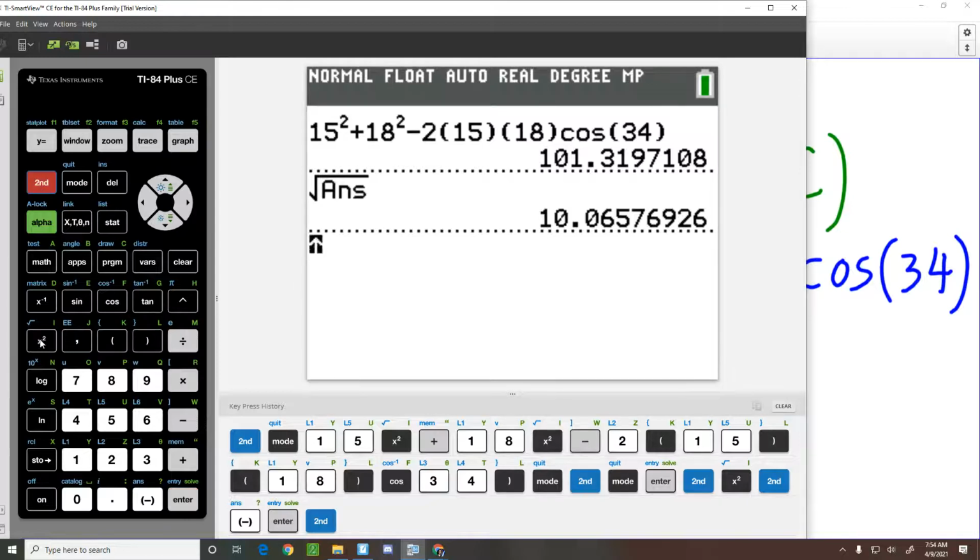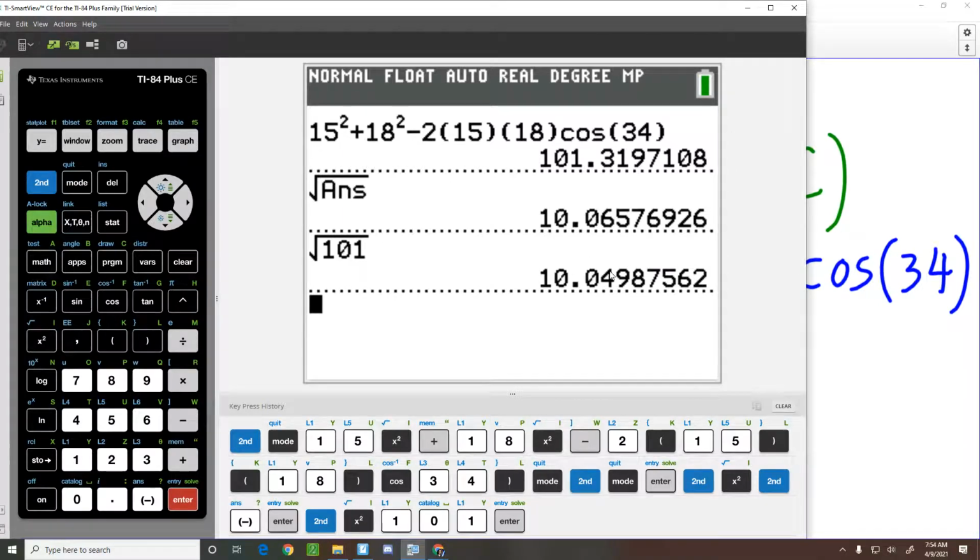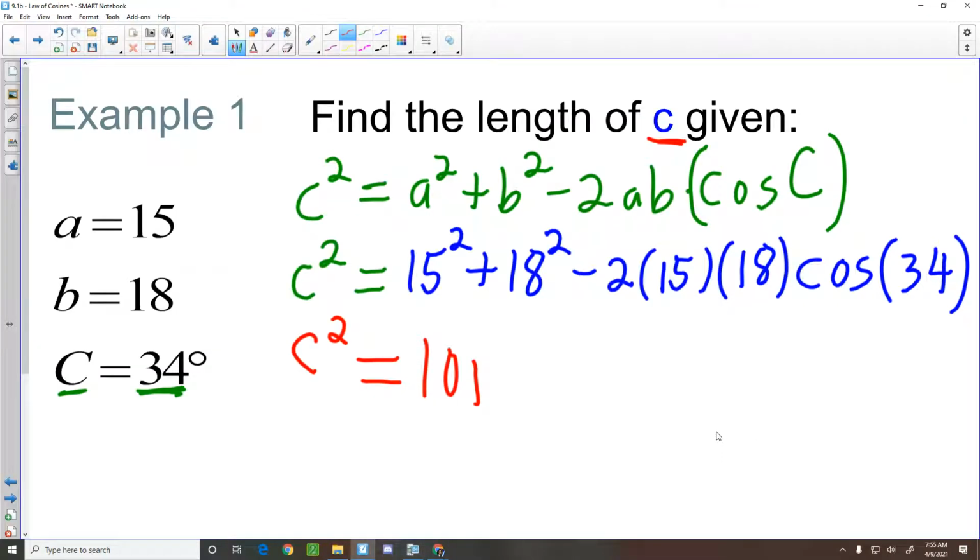If I did just the square root of 101, the numbers are pretty close, but if I said round to the nearest tenth, this would be 10.1, and that would be 10.0. So you do want to keep as much information as possible during all your calculations until the very last step. As this is my final step, now I would round it and say, oh, 10.05, for example.